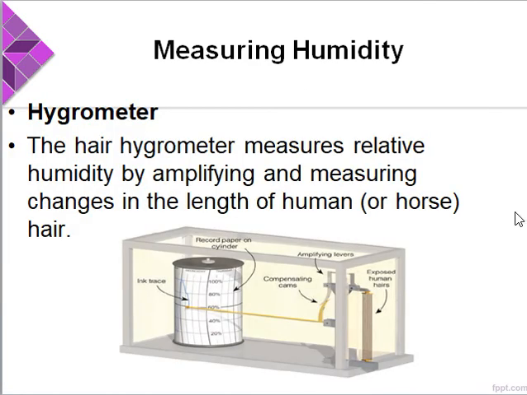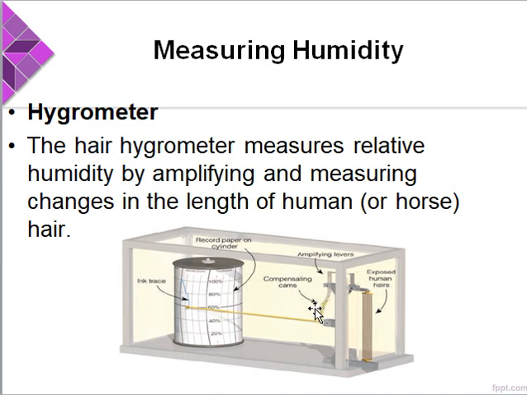Also, we have here the hygrometer. The instruments that measure humidity are called hygrometers. One type is called the hair hygrometer. The hair hygrometer is constructed on the principle that the length of human hair increases by 2.5% as the relative humidity increases from 0 to 100%. This instrument uses human hair, horse hair, or a synthetic fiber to measure relative humidity.